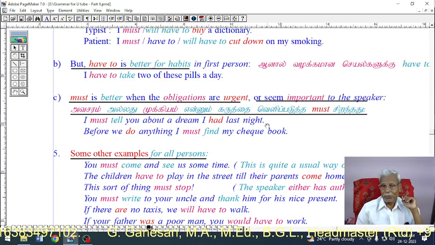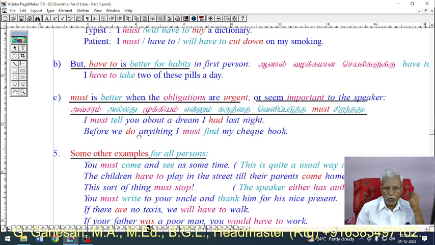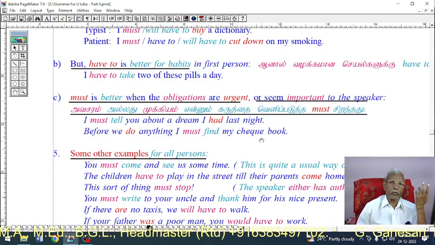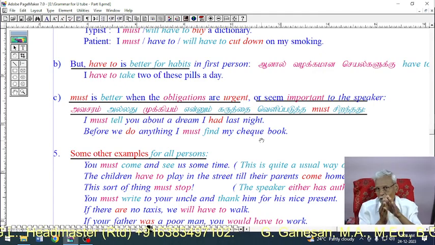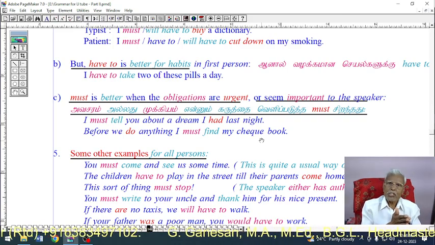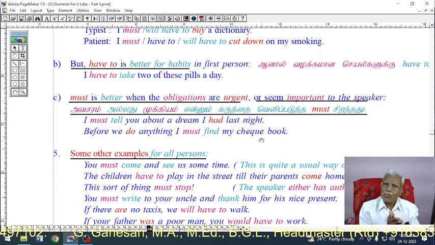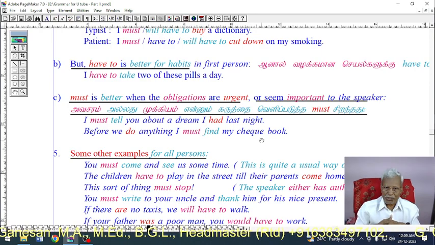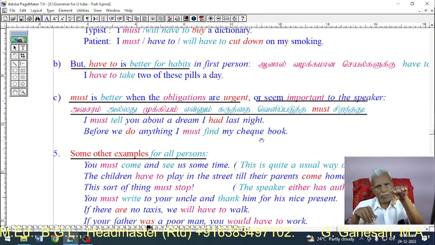Before we do anything, I must find my checkbook. So, to express urgent and important events, it is better to use must. But for expressing habits, using have to is better than must.